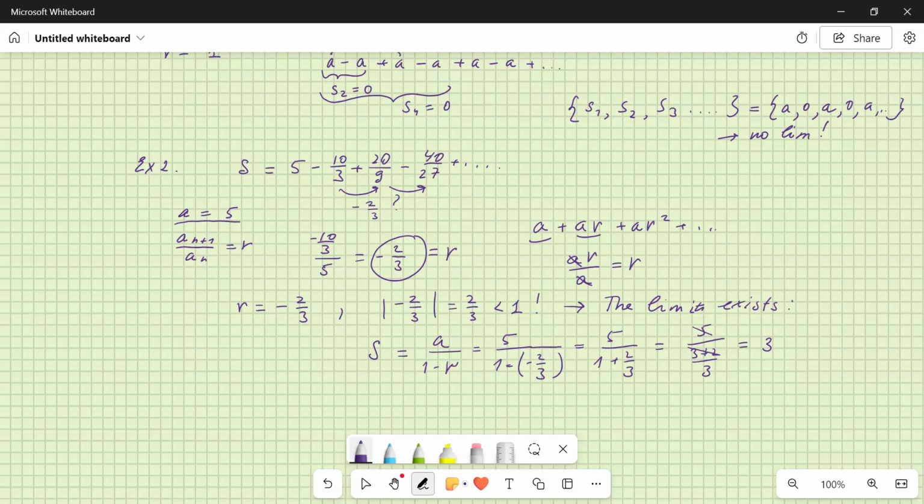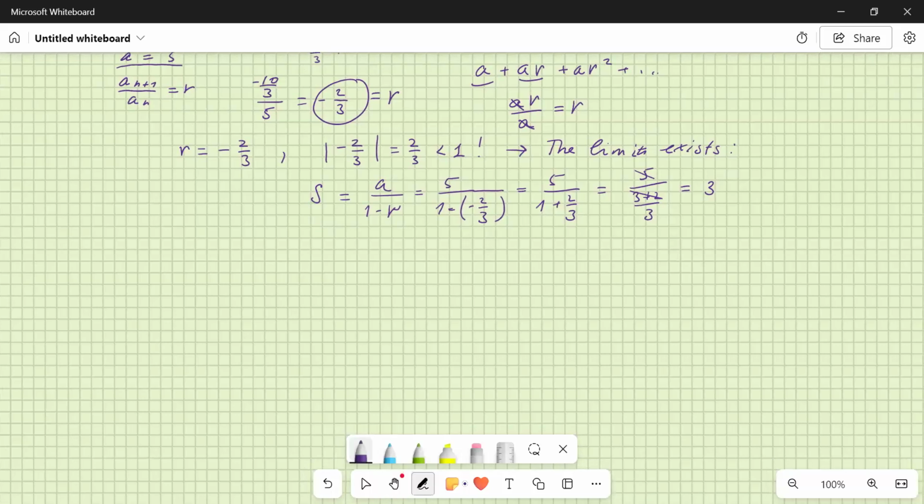So I think we can have more examples of telescoping sums in the homework, but for right now, let's move to more examples when the series are convergent. Theorem.